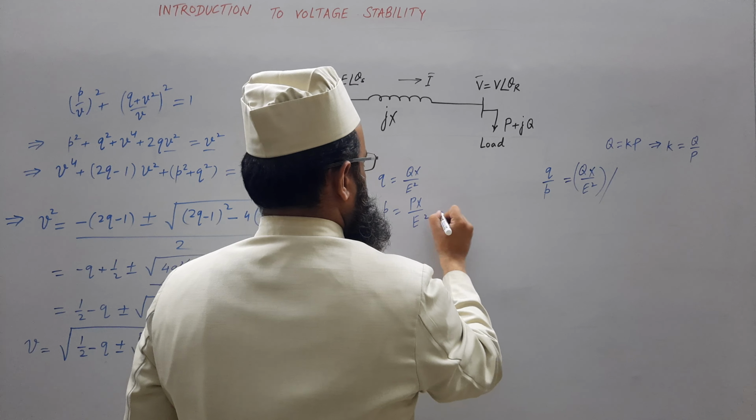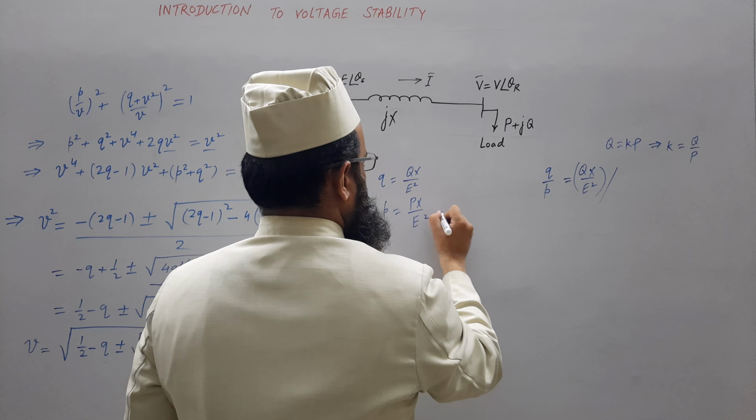So this will be Px by E square. So again we will have Q by P, that is K. So hence a small q may be written as K times P for constant power factor load.